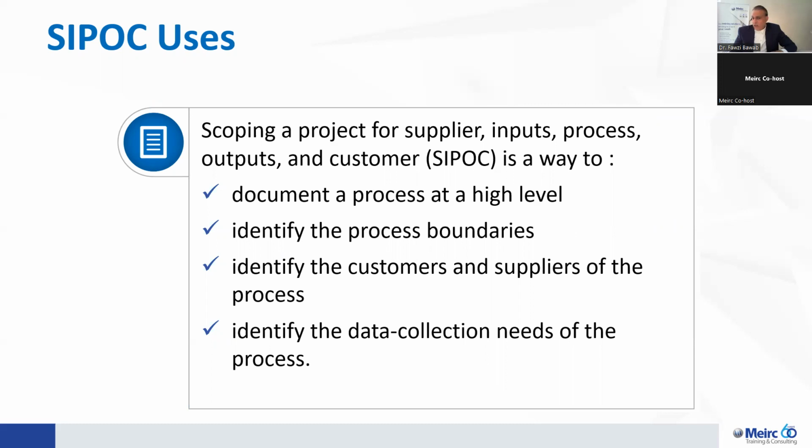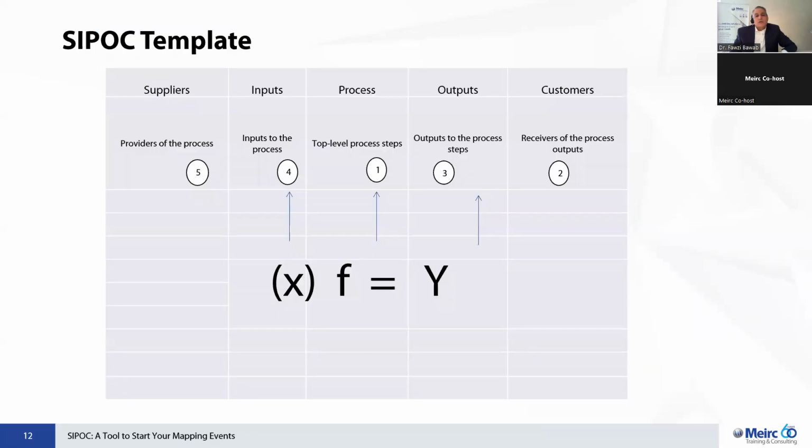You can use it to identify the customers and suppliers, and you can use it later on to establish the data collection methodology that you will use to collect information about all these elements and use them within your project. So these are the SIPOC uses. We can add to them, but these are the primary objectives for using a SIPOC.